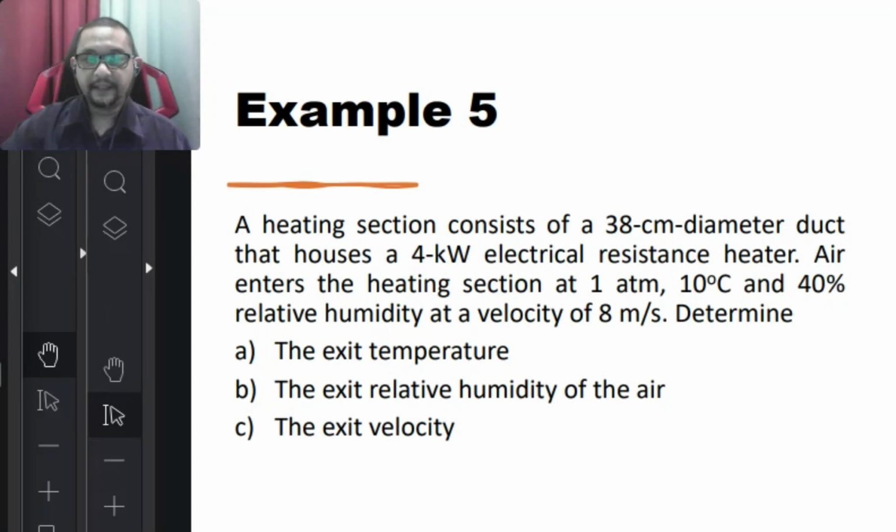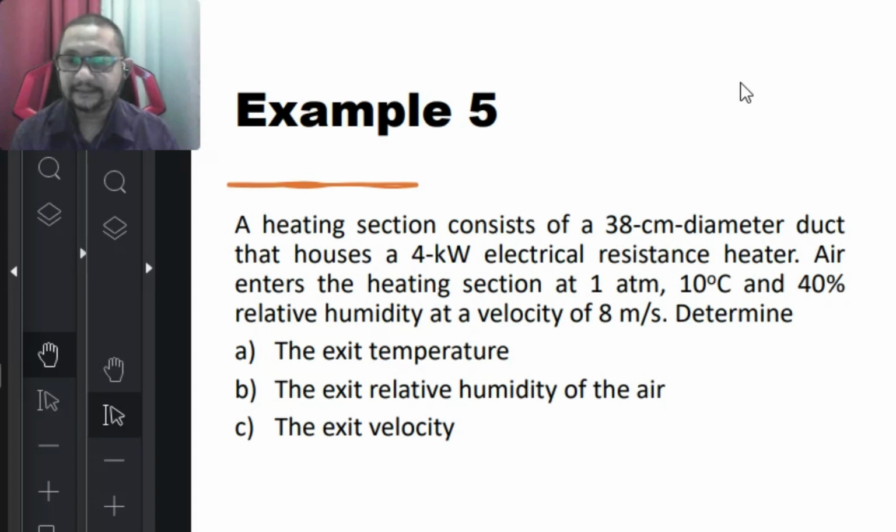All right, let's look at the example. Example of this case. A heating section consists of a 38 centimeter diameter duct that houses a 4 kilowatt electrical resistance heater.